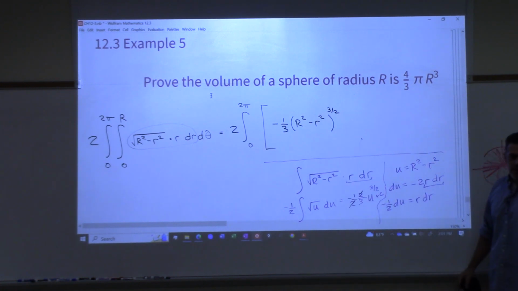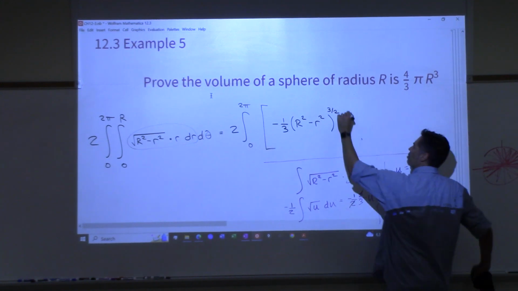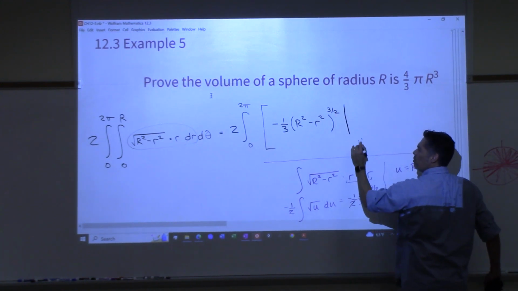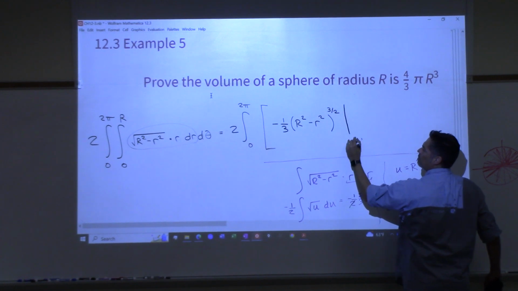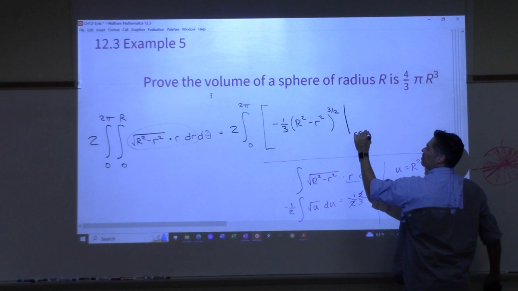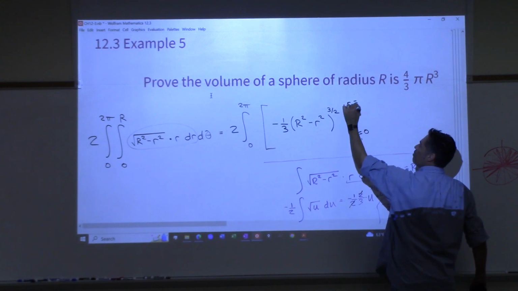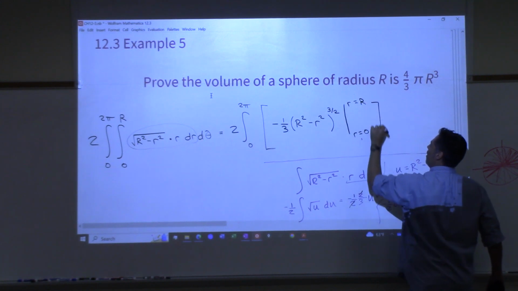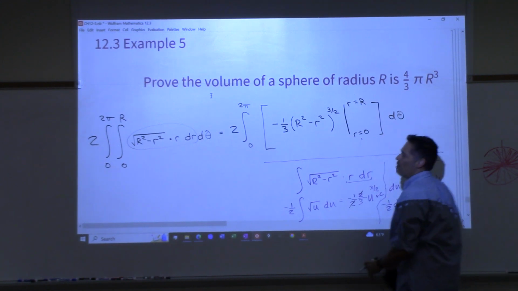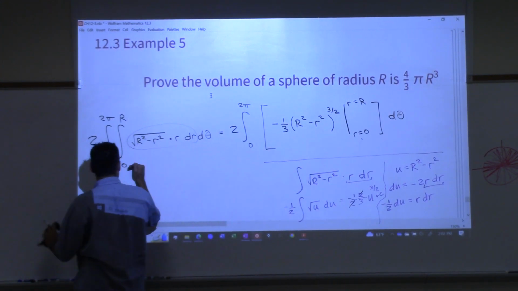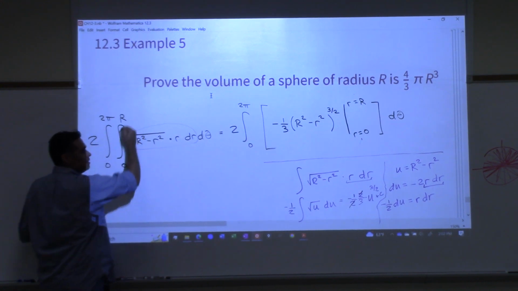That's the antiderivative, but we want to evaluate it at the two values of what variable? Little r. Little r equals 0, little r equals big R. And then d theta. We're going from little r is 0 to little r is big R.